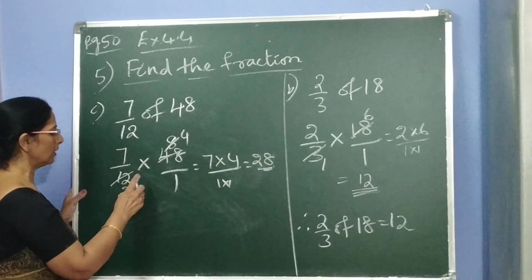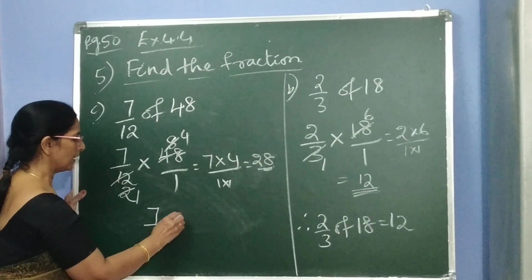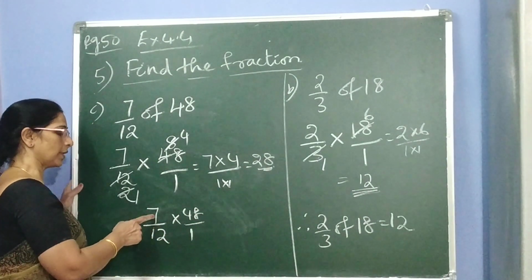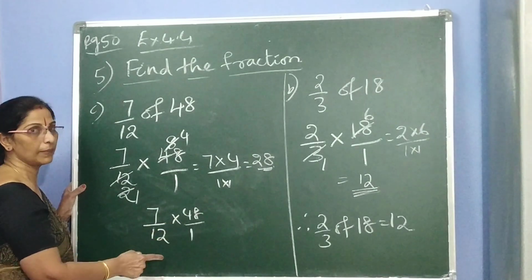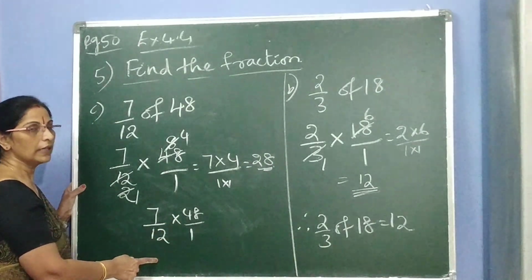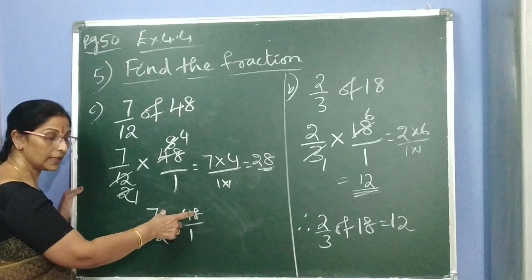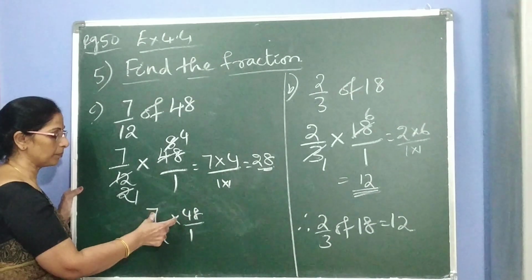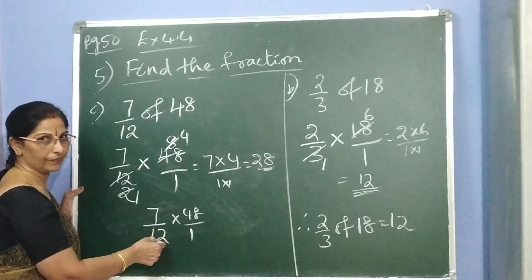Here I'll show you this one in another method also, children. 7 by 12 into 48 by 1. If you want, you can do the multiplication, 7 into 48, you will get the answer, then divide by 12. You will get a lengthy number. After getting the product, you have to divide that lengthy number by 12.